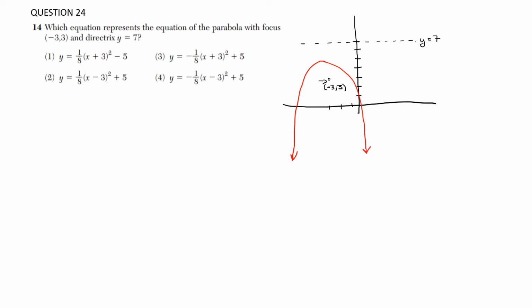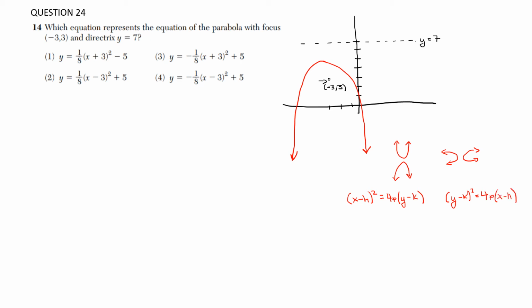Now, we know that parabolas can come in two forms: a vertical type parabola where it points up or down, and a horizontal parabola where it points left and right. So the equation for a vertical parabola would be in the form of x minus h squared equals 4p times y minus k. With the horizontal parabola, we'd have y minus k squared equals 4p times x minus h.